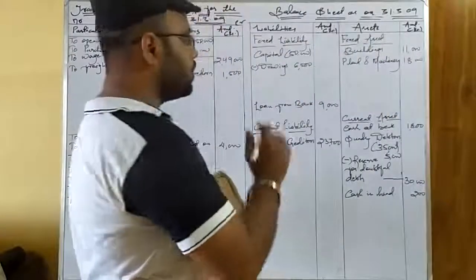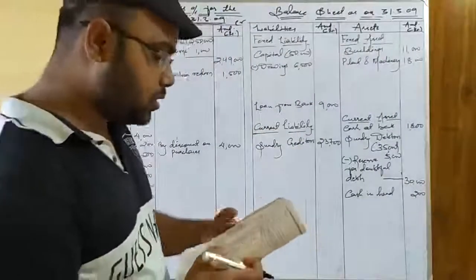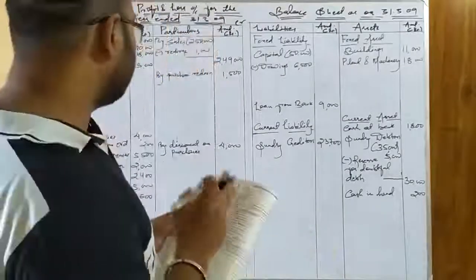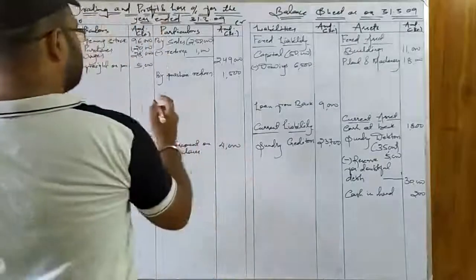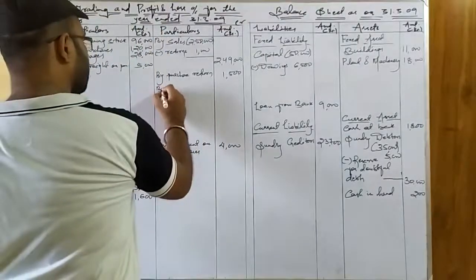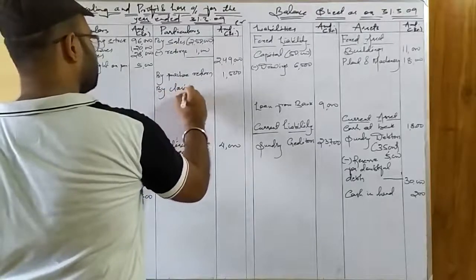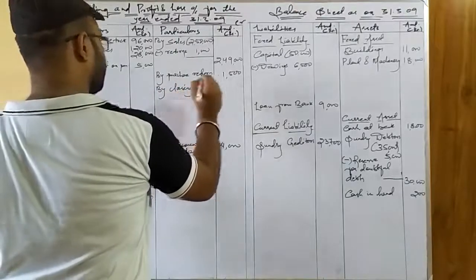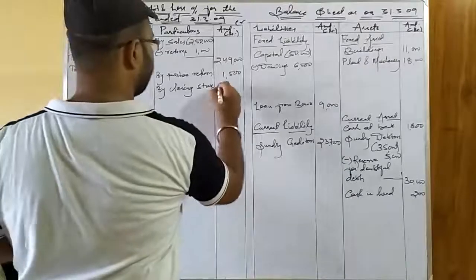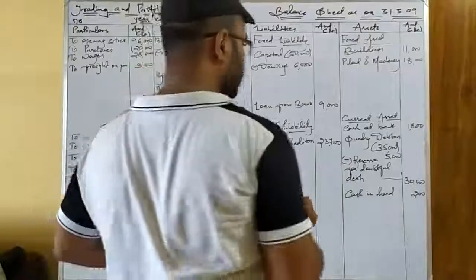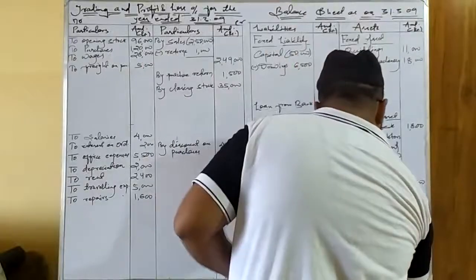Okay, so posting of all the items is over except closing stock, and as you know, closing stock given outside the trial balance means it is an adjustment and will be posted to two financial statements. So first of all, it will go to the credit side of the trading account as closing stock. The value of closing stock given is 35,000. And the second posting to be done is under the current asset.